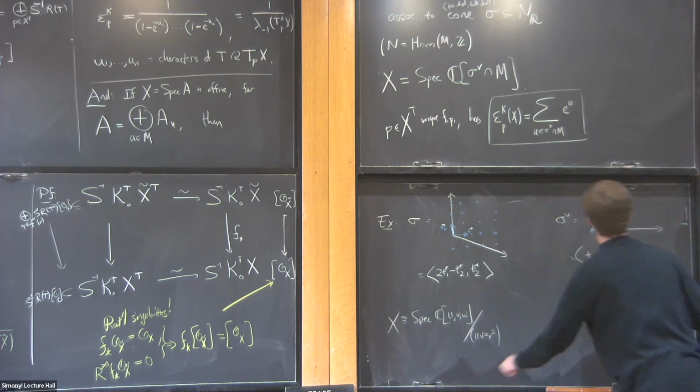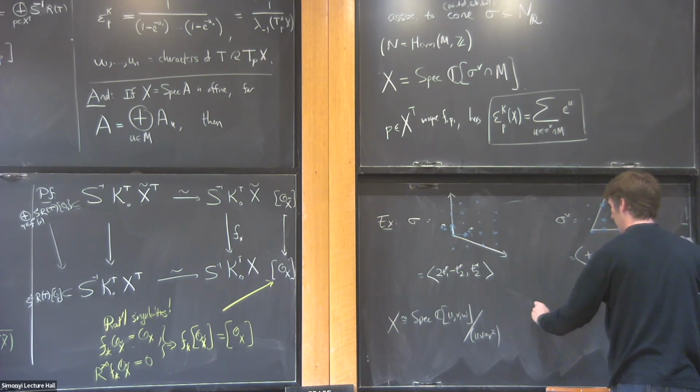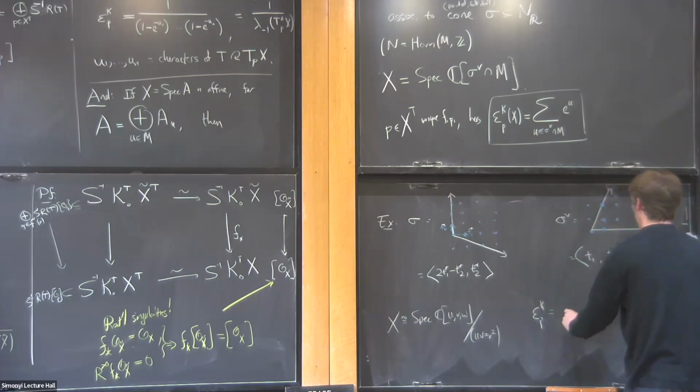But if you like, you can just try to enumerate the lattice points here, and I'm going to do it in a dumb way that I'm sure you can improve on while you watch me write.